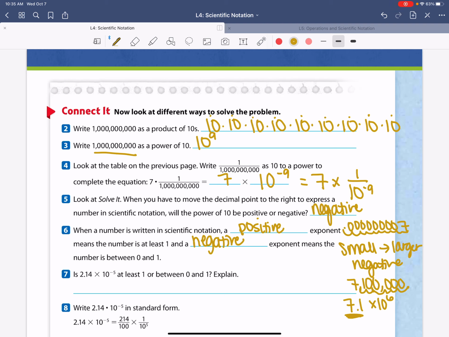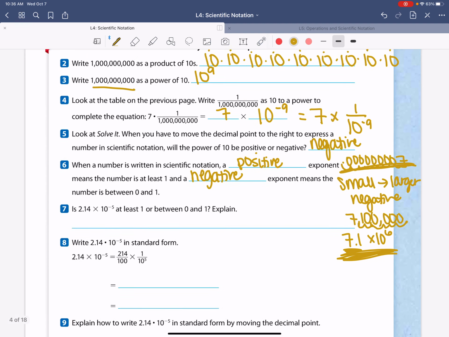Like this one, really big: we've got 7.1 times 10 to the positive 6, which was 7,100,000. But when we had a negative exponent, 7 times 10 to the negative 9th, this number was so small. It was way smaller than 1, so it's between 0 and 1. So when we have a negative exponent, it's pretty much a decimal number, and when you have a positive exponent, it's a big number for the most part.